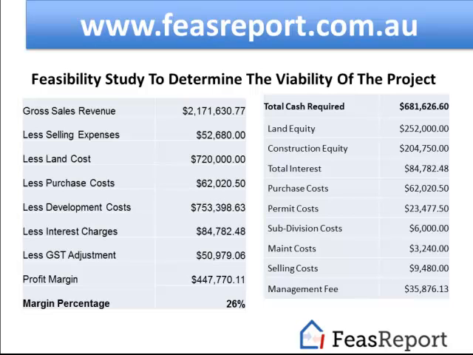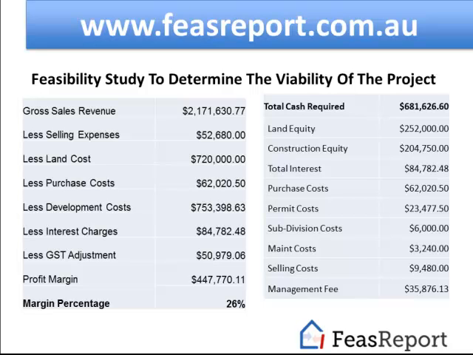The maintenance costs will be applicable if you have a rentable property, and you might incur some maintenance costs while it's being rented out. Now the selling costs here exclude the actual commission to the selling agent. These are purely for things like marketing material, advertising, and all that sort of thing that you have to pay.